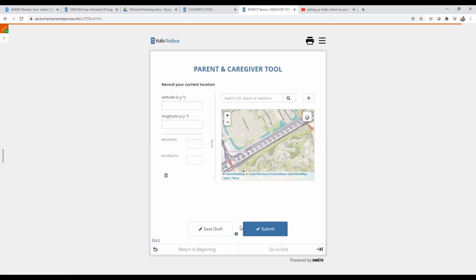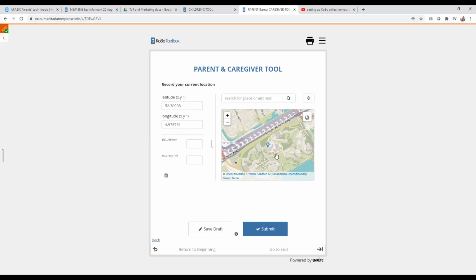And then the final question is to record the GPS location. I'm not sure if it's working in this setting, but normally you will press on this button. Yeah, exactly. I think this button, and then Yes. Place where you are.